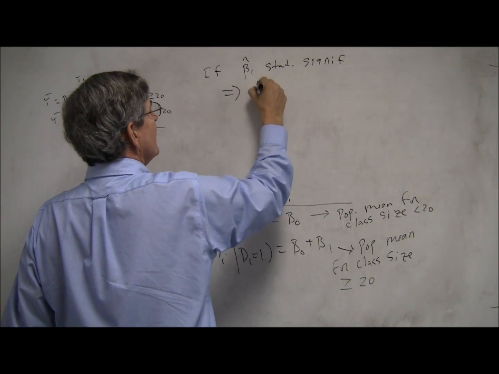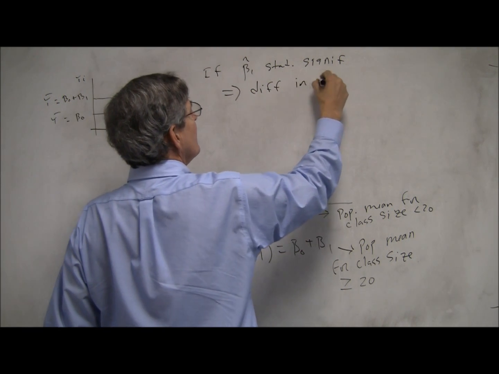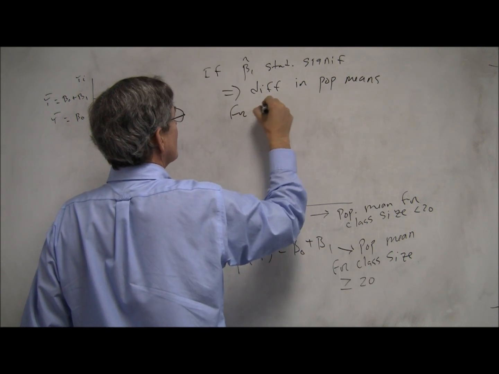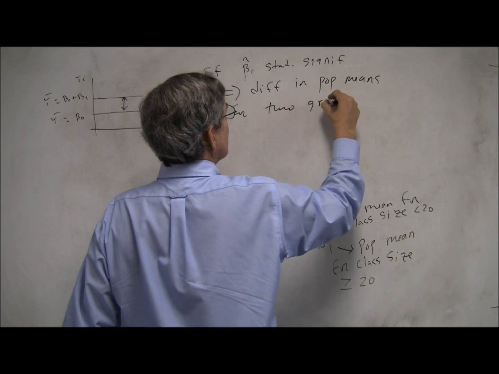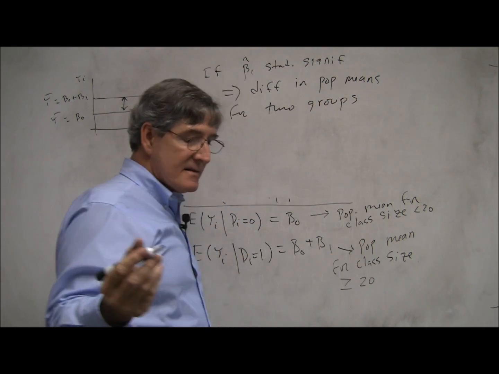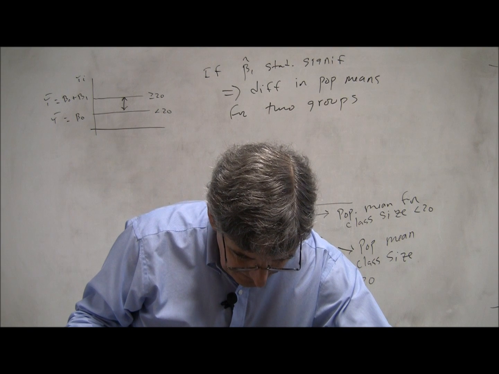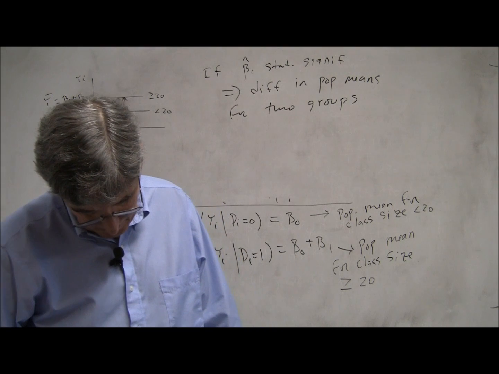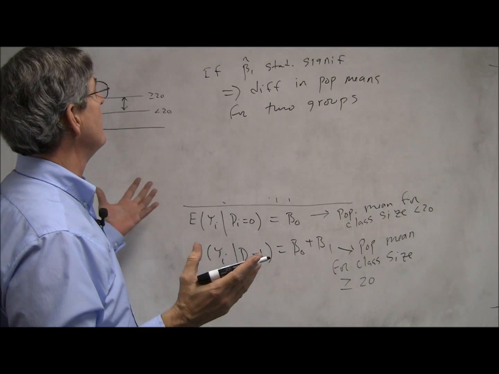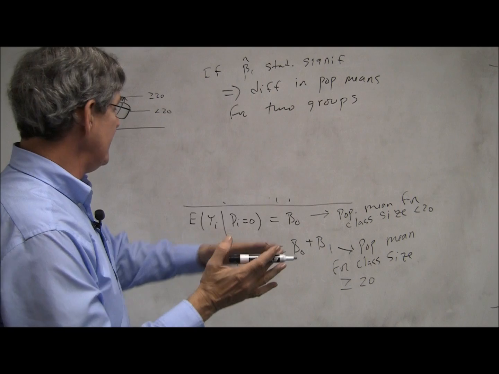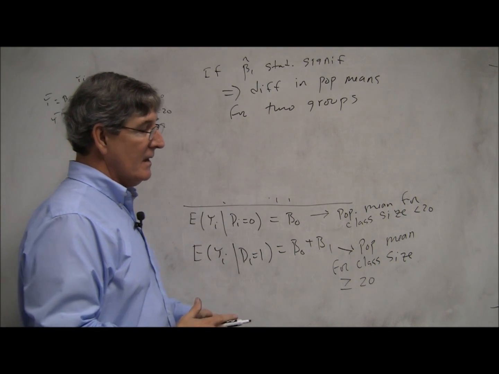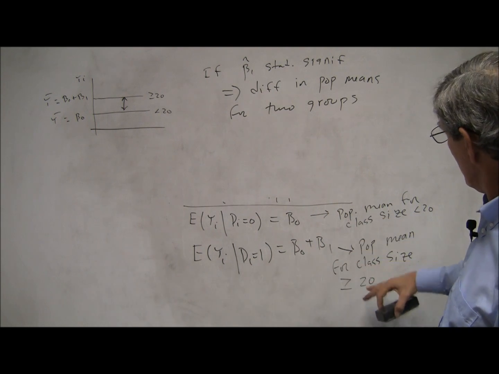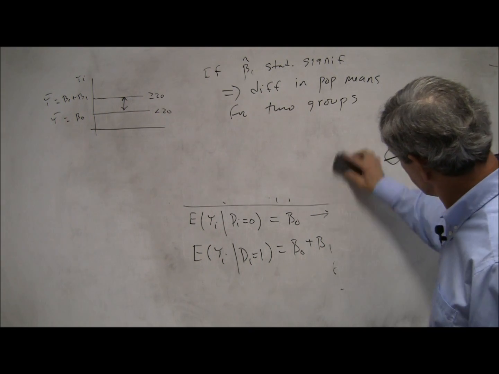It implies a difference in the population means for the two groups. If beta 1 hat is not statistically significant, if we fail to reject, then we would conclude that the means for these two groups are the same. That it doesn't matter for test scores whether you're in the lower group or the higher group. All right.